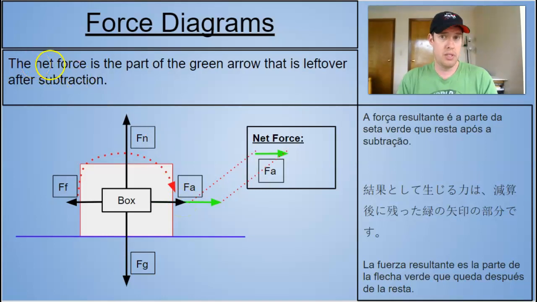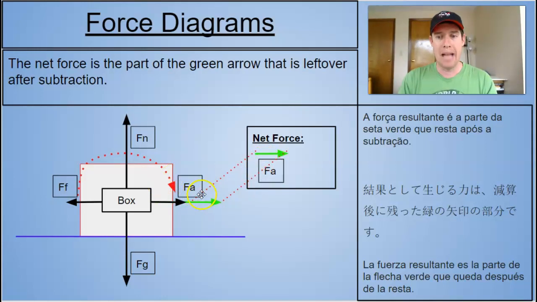The net force then is the part of the green arrow that is left over after we subtract the amount of its opposition. So the net force then is the remaining length of this green arrow in that direction, and we label that force that is the winner.